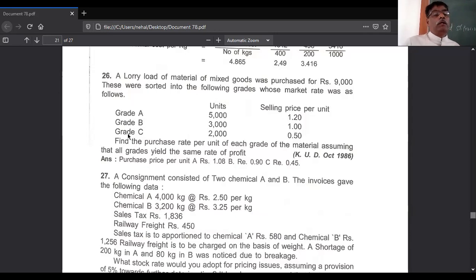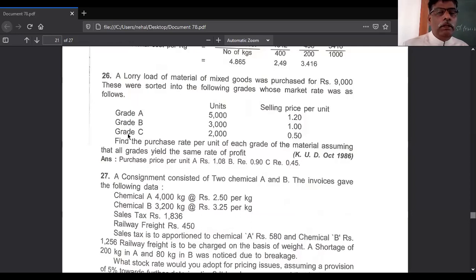Grade A, grade B, grade C. A grade is 5,000 units, B grade is 3,000 units, and C grade is 2,000 units. Then they sold A grade at rupees 1.20, B grade at rupees 1, and C grade at 50 paise per unit.